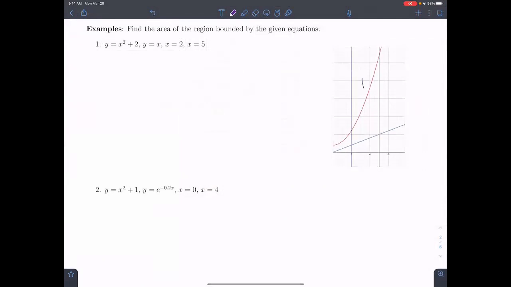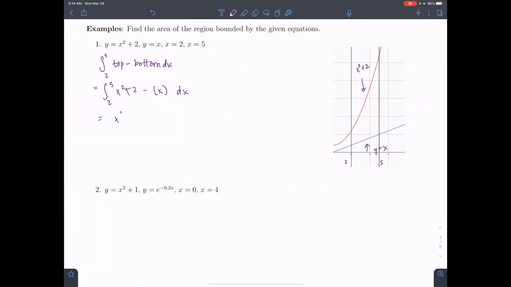And we can see that the function on top is x squared plus 2. The function on the bottom is y equals x. And then we're going from 2 to 5. So we're going to do the integral from 2 to 5 of top minus bottom. So this is the integral from 2 to 5 of x squared plus 2 minus x dx.